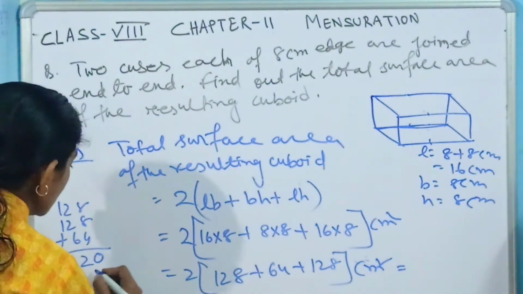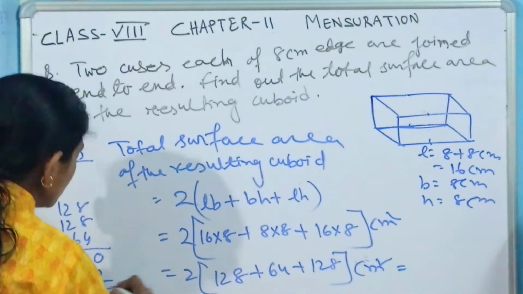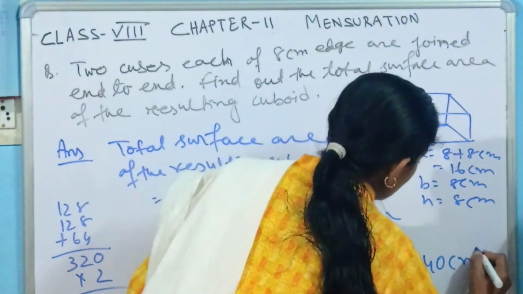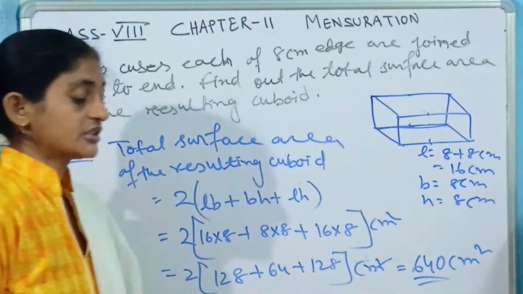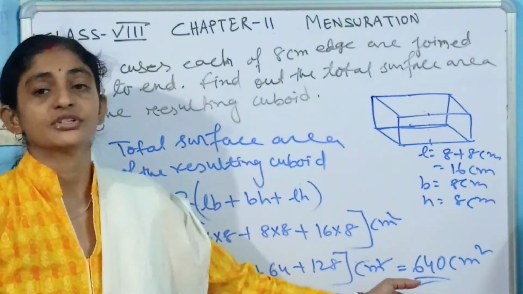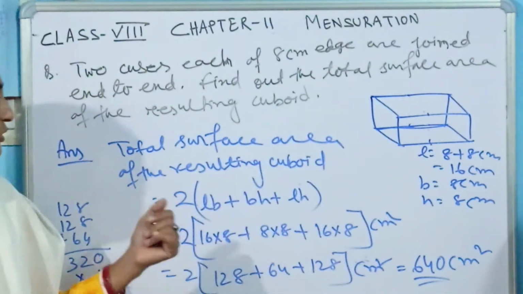Then we will multiply this by 2, so we are getting 640 centimeter square. So the total surface area of this resulting cuboid will be 640 centimeter square. I hope you are clear about this kind of question.